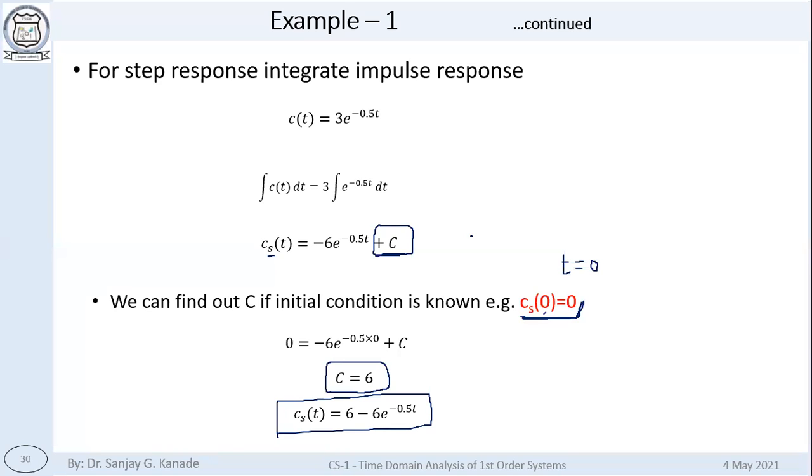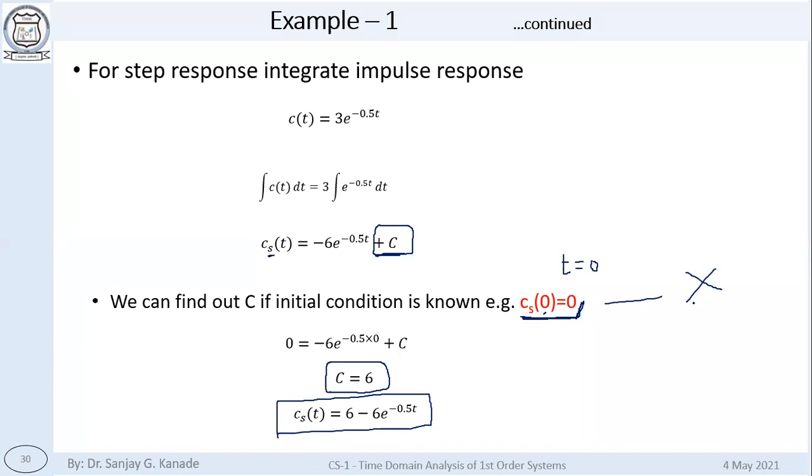Now, what if we don't know the initial condition? If the initial condition is not known, what is the other way to find the step response? Can someone tell me?